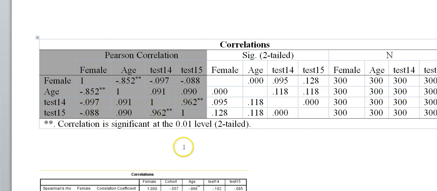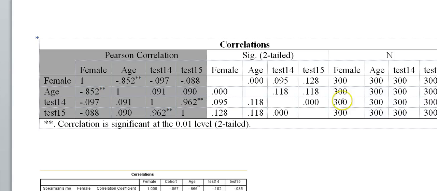Now you might wonder, if you're looking at this, how I was able to get the ones on the diagonal, and then that's separated out from the p-values, and then that's separated out from the n.